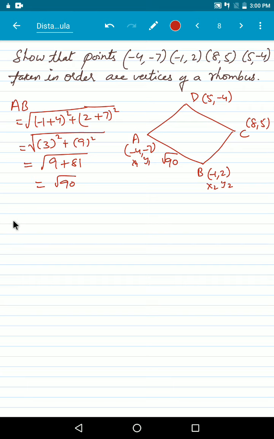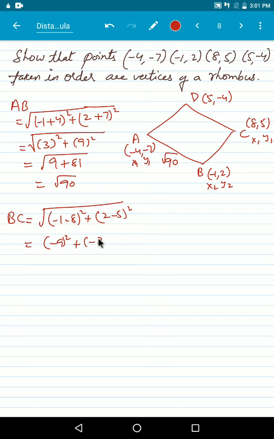Let us find the value of BC. Let us take this as x1, y1, this as x2, y2. So -1 minus 8 whole square, x2 minus x1, 2 minus 5 whole square. So this is -9 whole square plus -3 whole square. 81 plus 9, right? -9 square is 81, -3 square is 9.